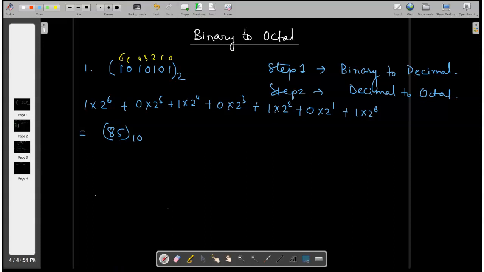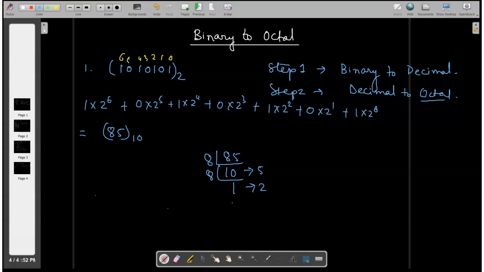Now we already know how to convert decimal to octal. I hope you all remember. We'll take 85 and divide it by 8 because we want an octal number. You just divide by 8 all the time and take the remainder. 8 tens are 80, so we get the remainder 5. 8 ones are 8, so the remainder is 2.